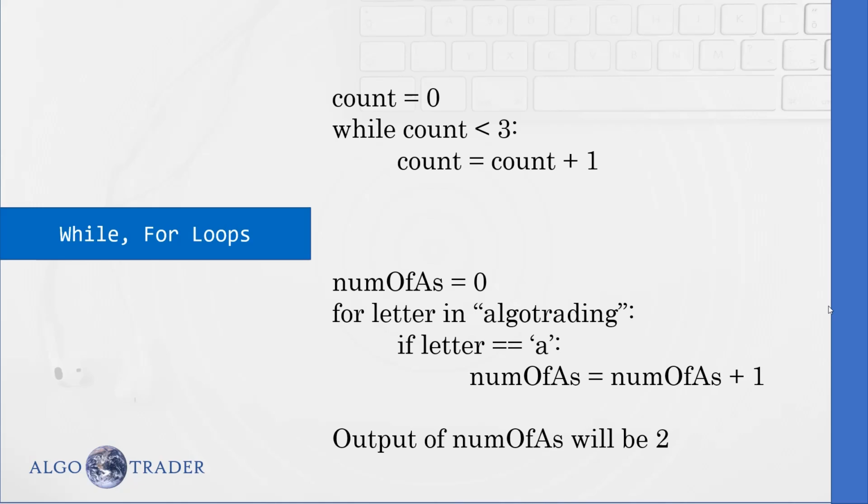Then using a for loop, we traverse character by character through the string "algo trading", and whenever the letter equals A, we increment the number of A's by 1. So in our case, there are 2 occurrences of A in the string, so our output will be 2. Let's see how we code this.